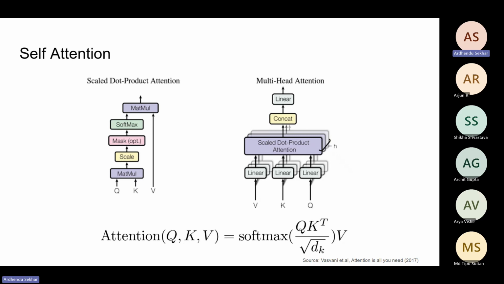I make copies of the input, like 5 copies, and send them to 5 different heads. Then I concatenate the results and again send them through the next 5 heads. That is called multi-head attention. The intuition is that one attention head will learn one feature. So if you have multiple of them in parallel, you can learn more features from the input in one particular sense.